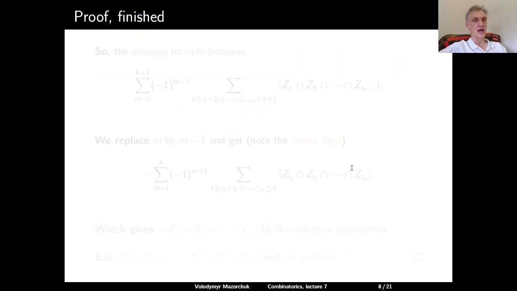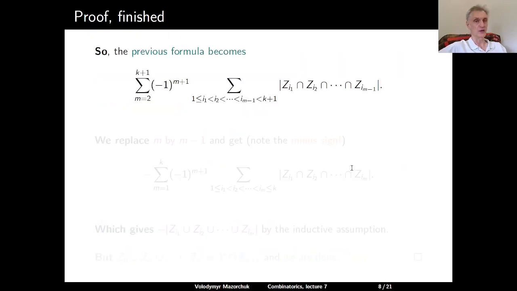And so our formula becomes the sum over all m from 2 to k plus 1, (-1) to the power m plus 1, and then the sum over all i1, i2, and so on, i sub m minus 1, and then the intersection between z sub i1, intersection z sub i2, and so on, intersection z sub i(m minus 1), and we take the cardinality of this set.